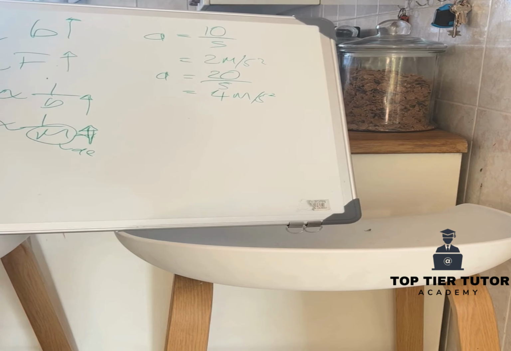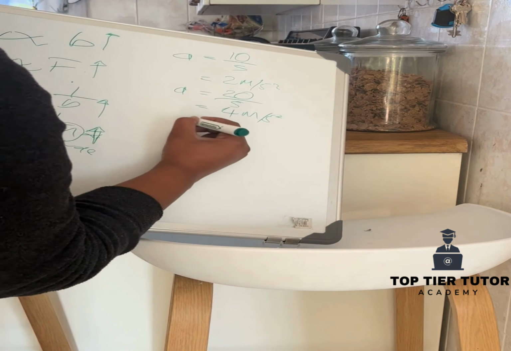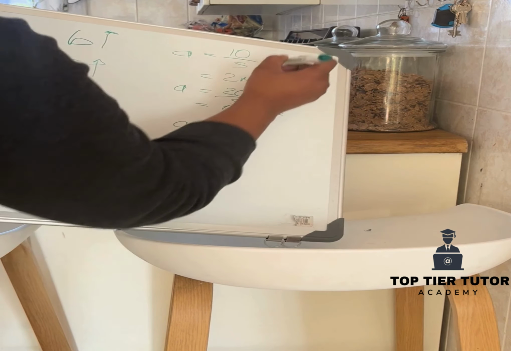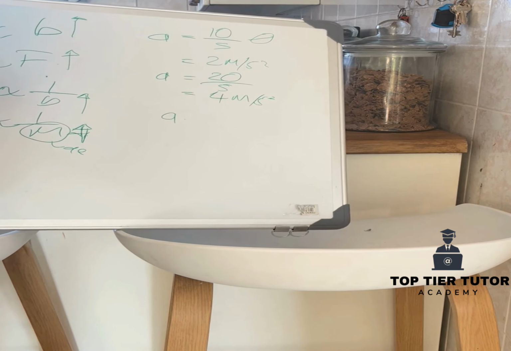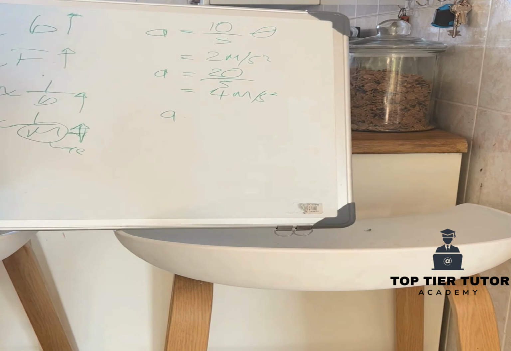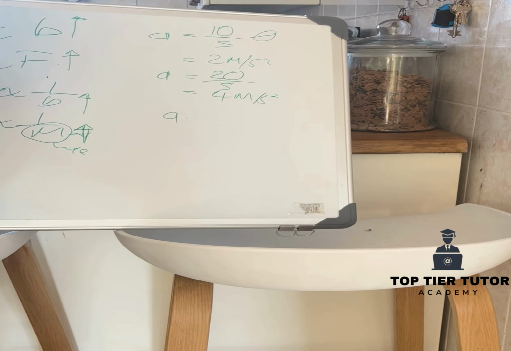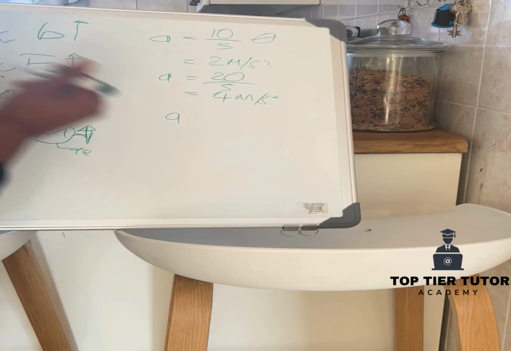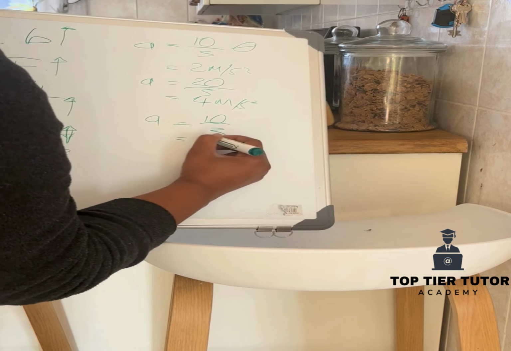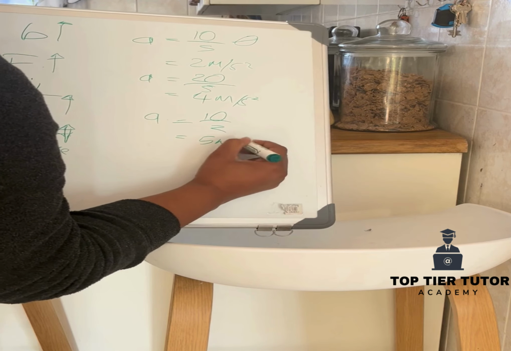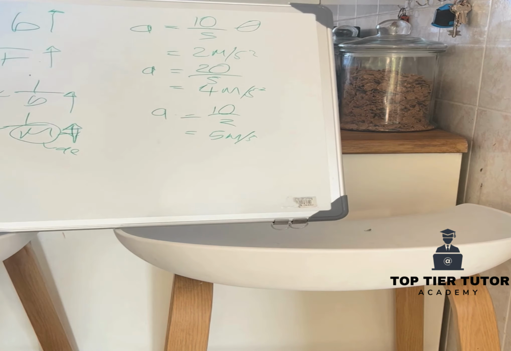Let's look at changing the mass. So if I were to keep the same situation here, where I have that 10 newton force, but I'm going to go ahead and decrease my mass to 2, I would have 10 over 2 giving me 5 meters per second squared.